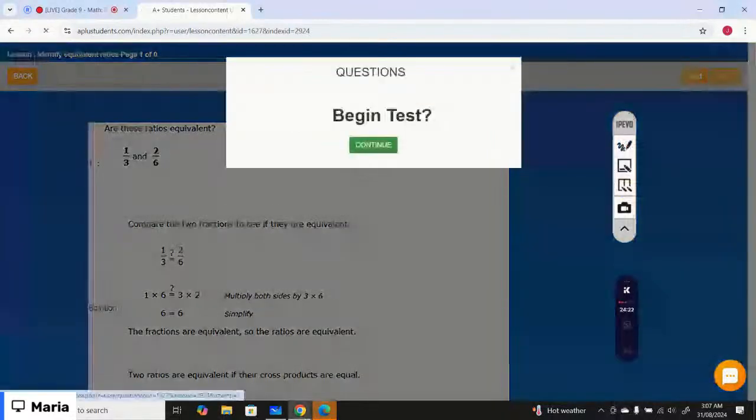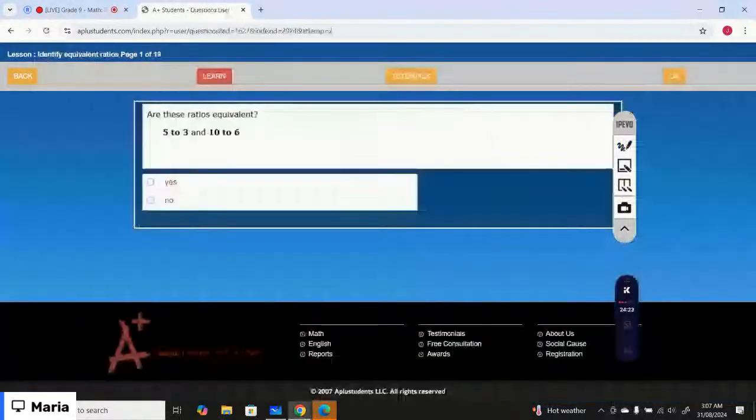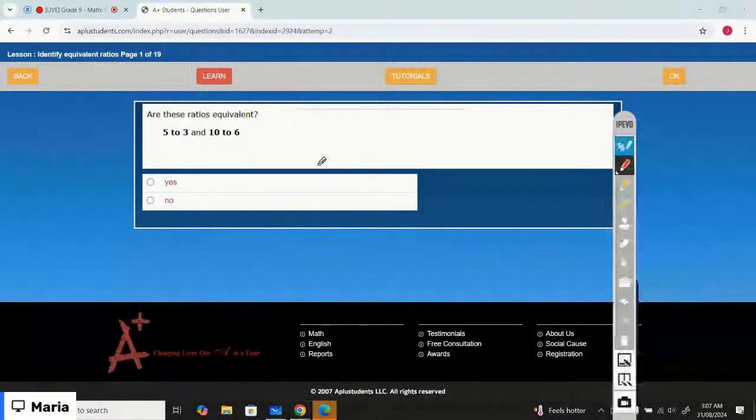Let's start with the test questions. Okay, are these ratios equivalent? The ratios are 5 to 3 and 10 to 6. So let's see if they are equivalent. Just cross multiply them, right?